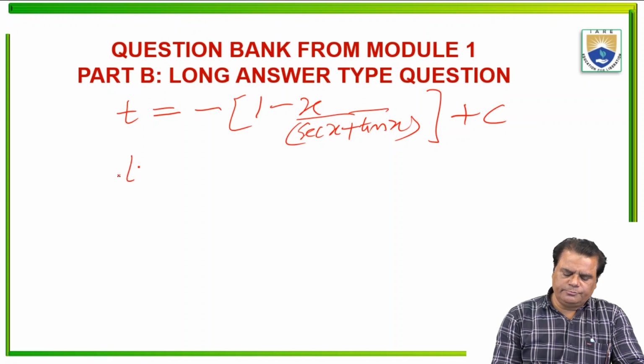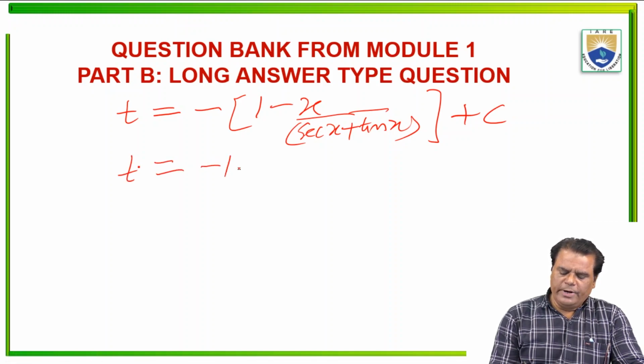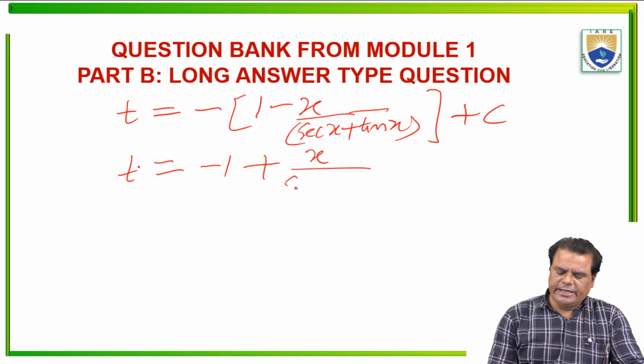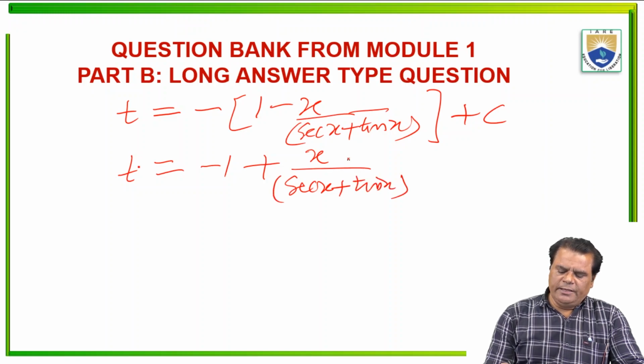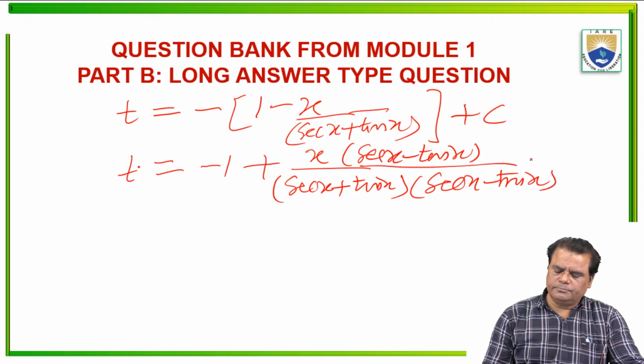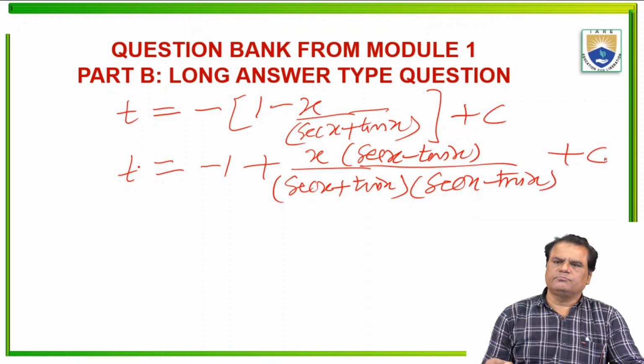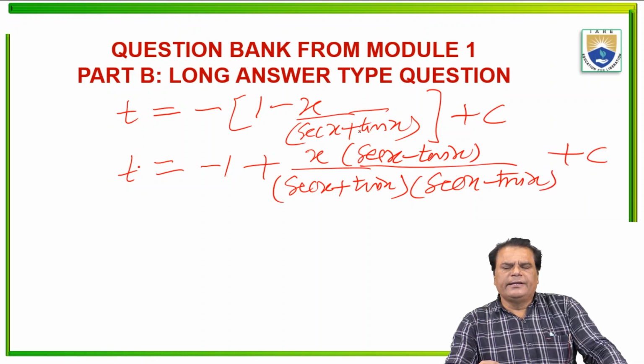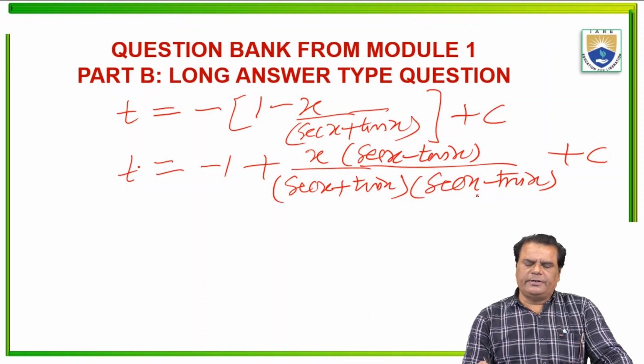Now next, minus 1 plus x upon sec x plus tan x. Multiply by the conjugate of sec x plus tan x, that is sec x minus tan x, in numerator and denominator.